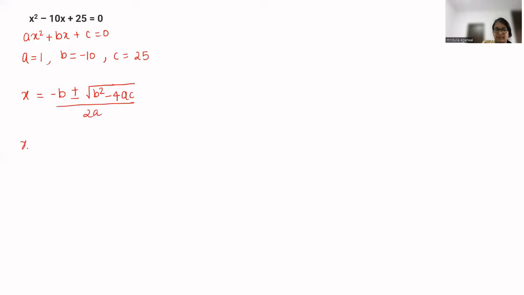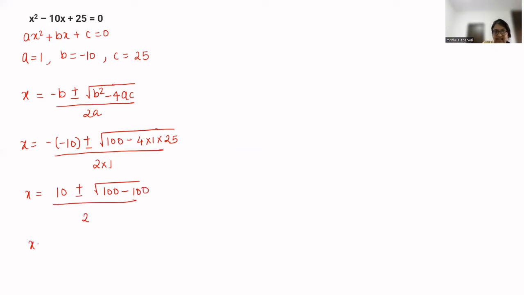So what is b? b is minus 10, so we will substitute that. We get x equals 10 plus minus root of b square, 10 square is 100, minus 4 times a, which is 1, times c, which is 25, upon 2 into 1. On further solving, minus minus becomes plus, so 10 plus minus root of 100 minus 4 times 25 is 100, upon 2.